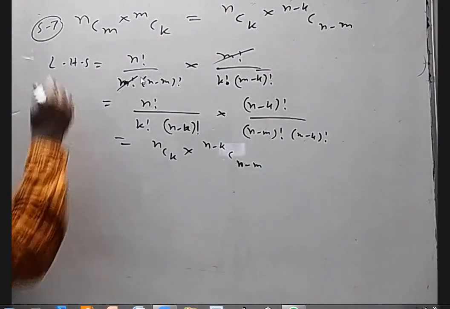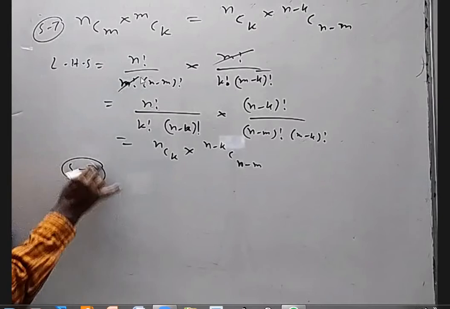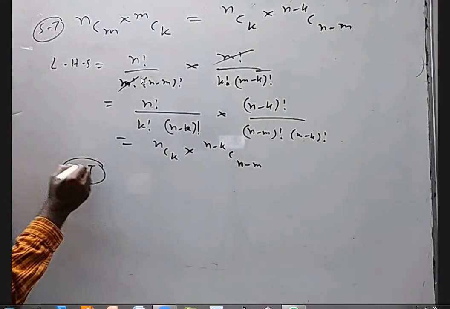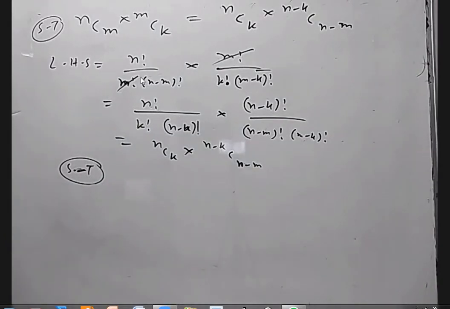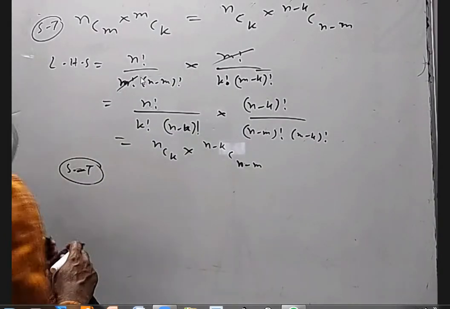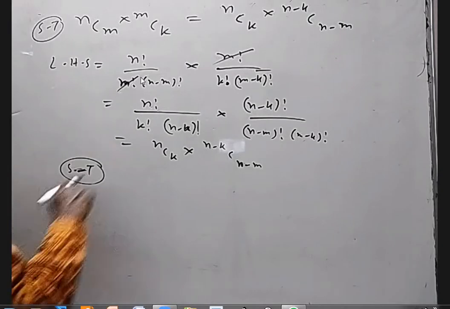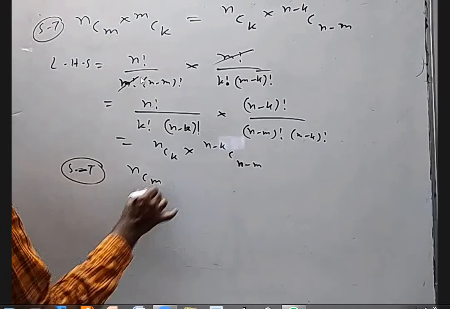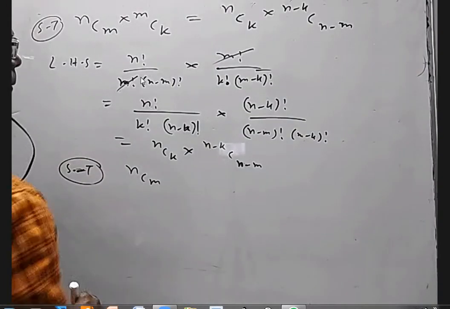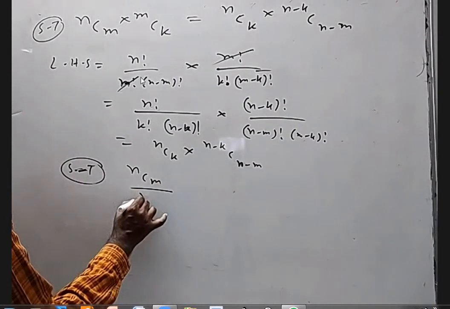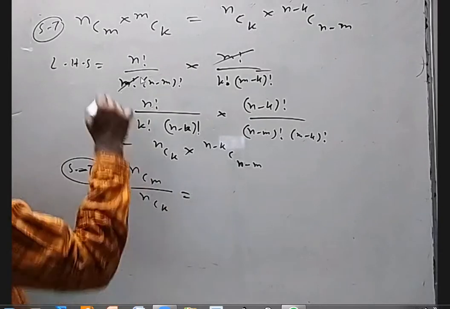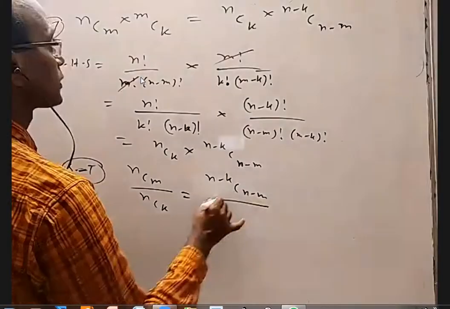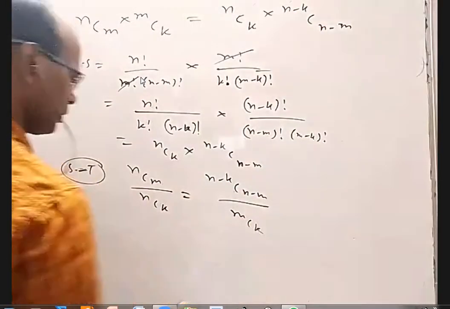Okay, so this is a question basically. We may use this. You don't have to remember exactly this. Every time you can repeat this process, you'll get it. But at least if you have done it once, it is easy for you to do next time. I can rearrange it now, bring this down. NCM by NCK can be written as n minus k C n minus m by MCK.